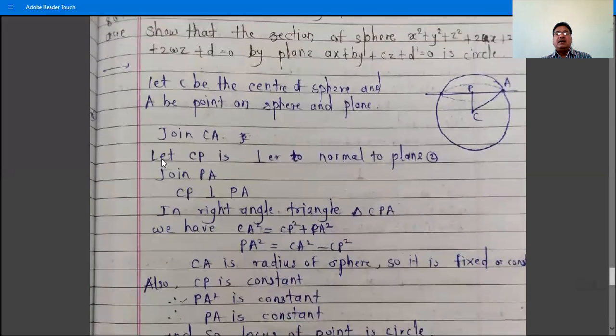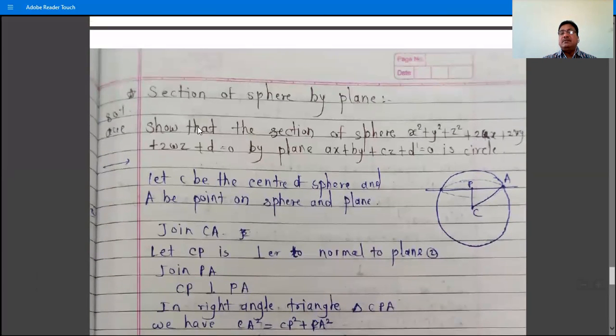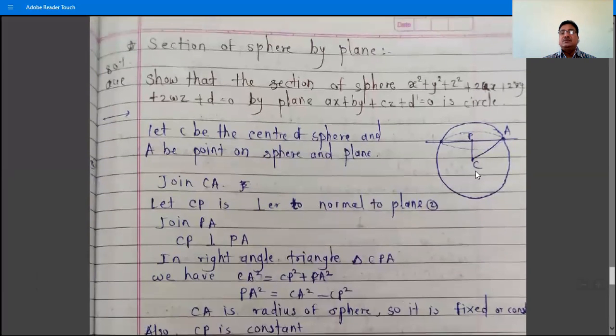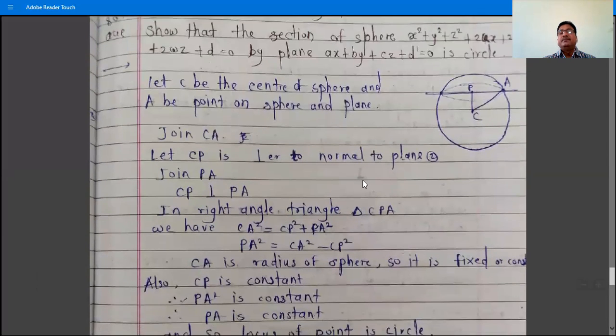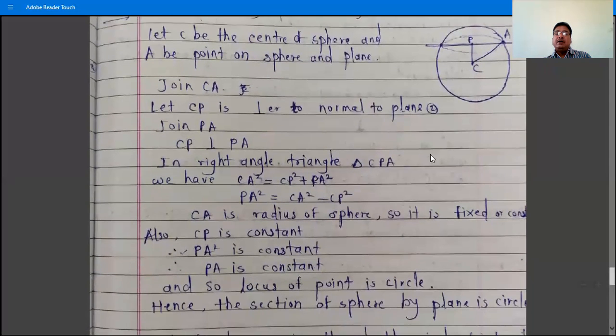Then CP is perpendicular to, or normal to, plane 2. Write the equation of the sphere, numbering it as 1, and ax plus by plus cz plus d dash is equal to 0 as equation number 2. Then CP is perpendicular to the plane, means it is normal to the plane.